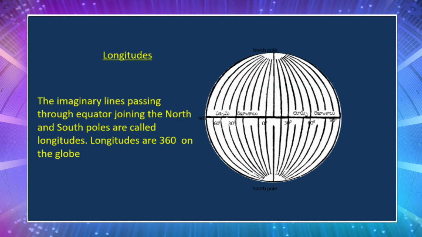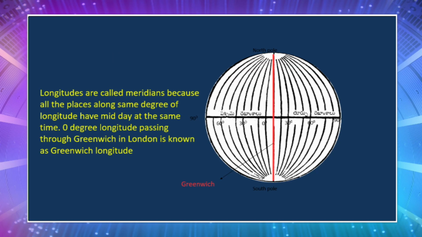The imaginary lines passing through equator joining the north and south poles are called longitudes. Longitudes are 360 in number on the globe. Children, if you observe this image, longitudes are called meridians because all the places along the same degree of longitude have midday at the same time. 0 degree longitude passing through Greenwich in London is known as Greenwich longitude.